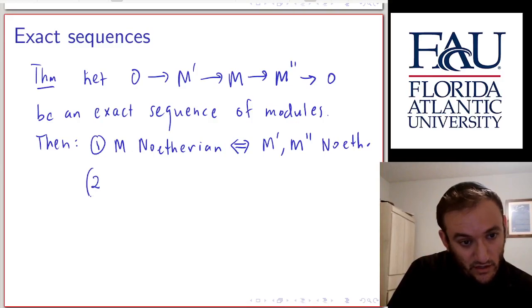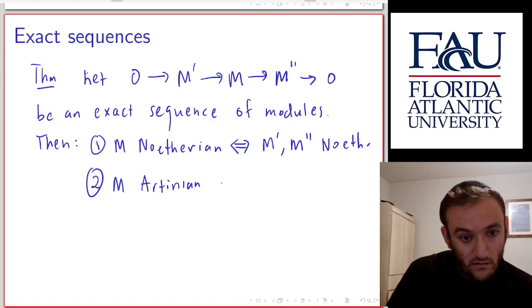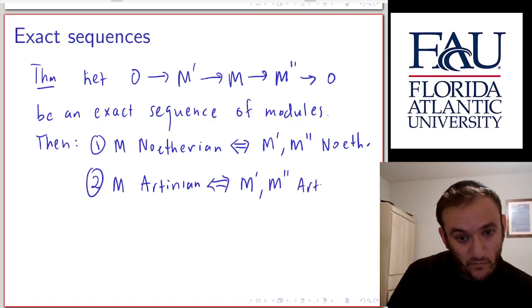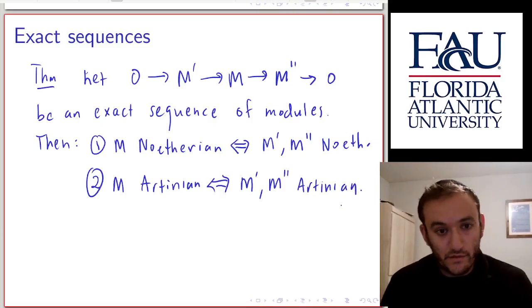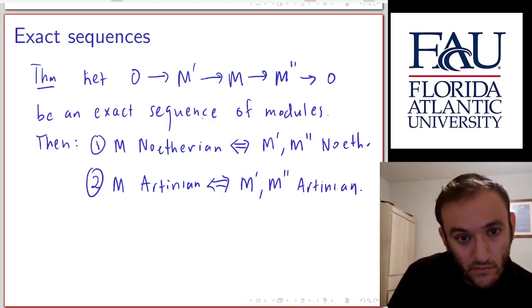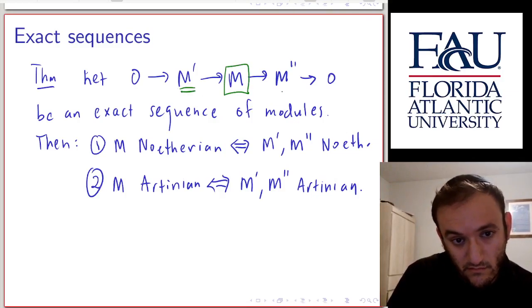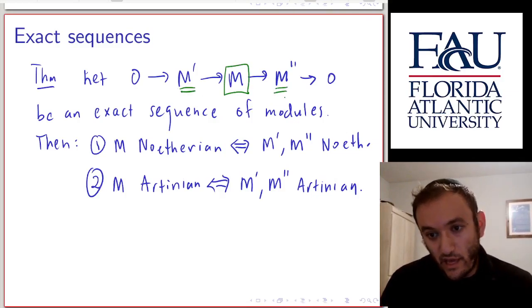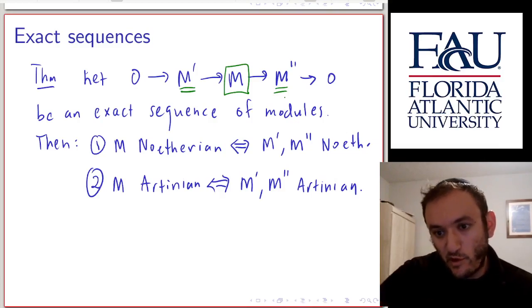And by the same token, M is Artinian if and only if M prime and M double prime are Artinian. So this guy is equivalent to these two guys, being whichever of those two properties.